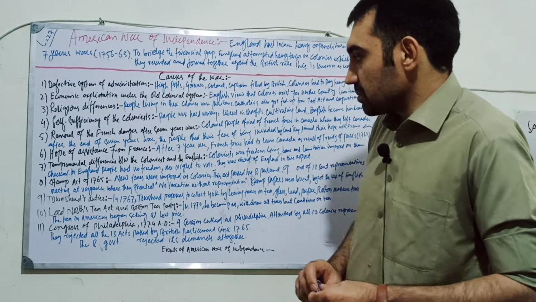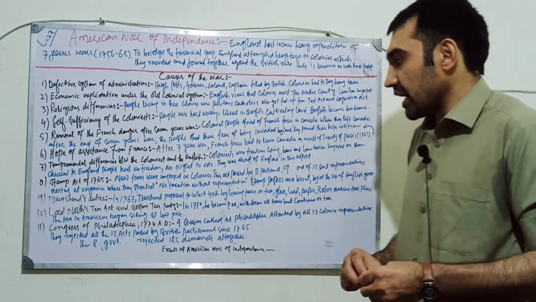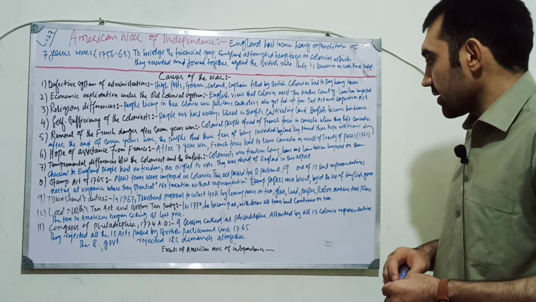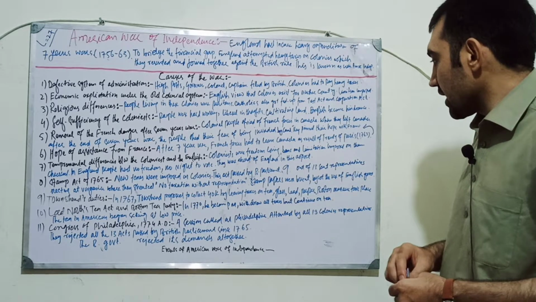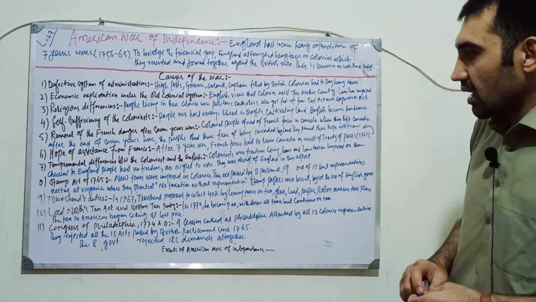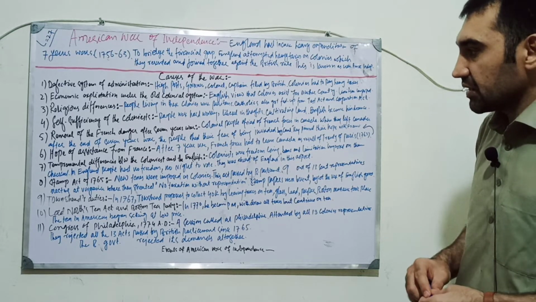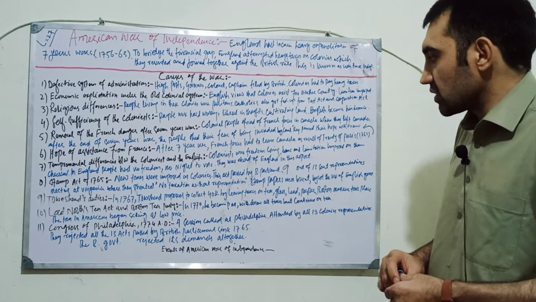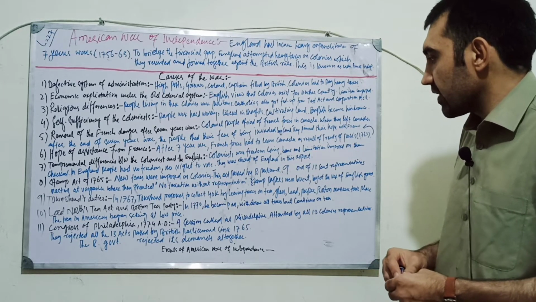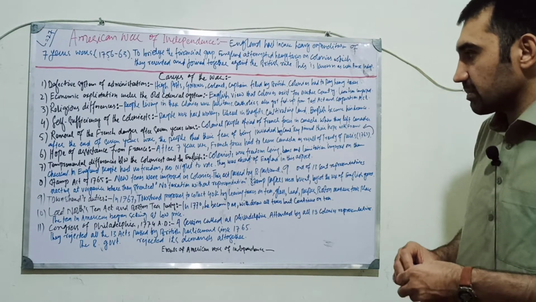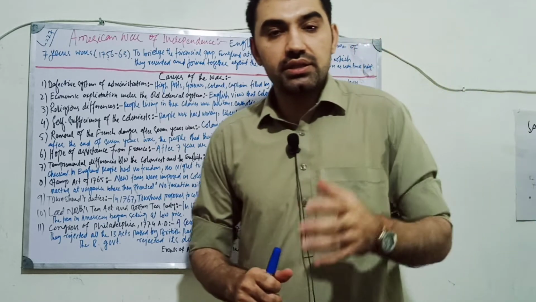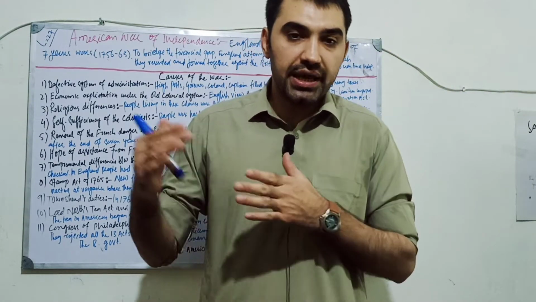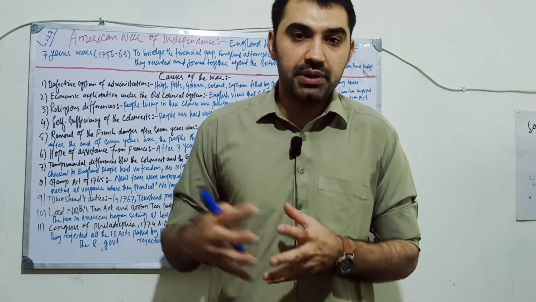Temperamental differences between the colonists and the English people. Colonists were freedom-loving, and bans and limitations imposed on them checked them. In England, people had no freedom, no right to vote, and the Americans were ahead of England in this aspect. So there were temperamental differences between the English people and the American people.